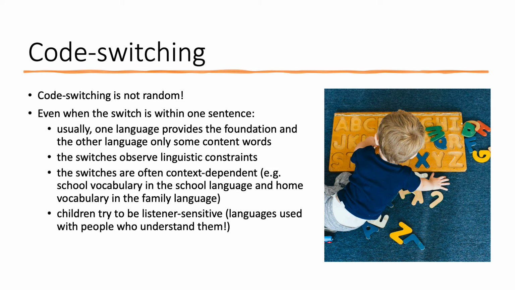But also, children try to be listener sensitive when they can. So children usually are more likely to do code switching when they know that the listeners understand both languages. Again, they're not doing it randomly.